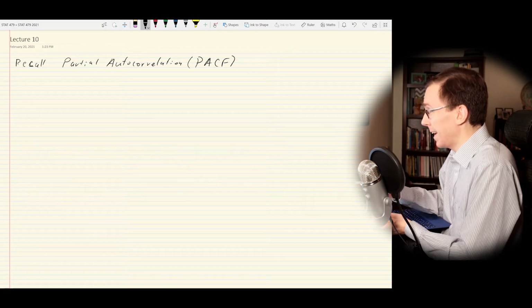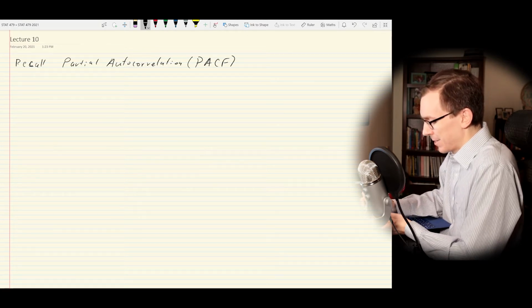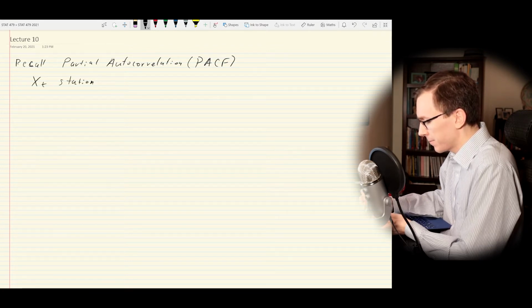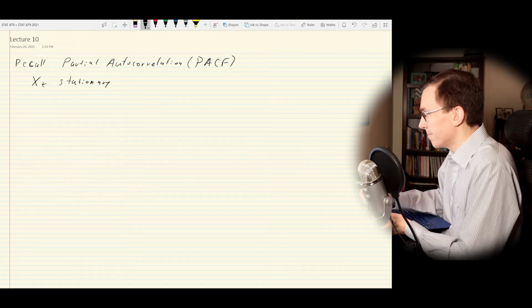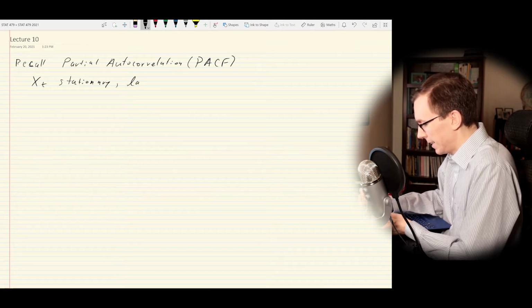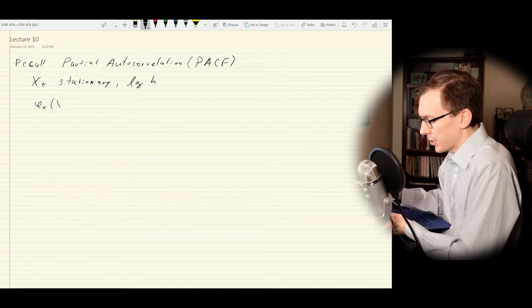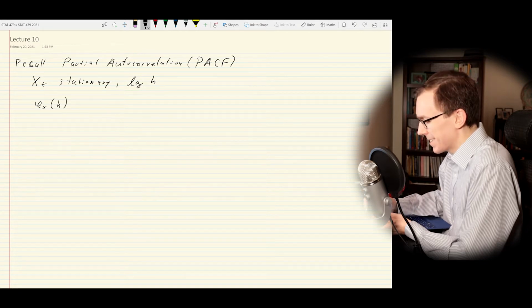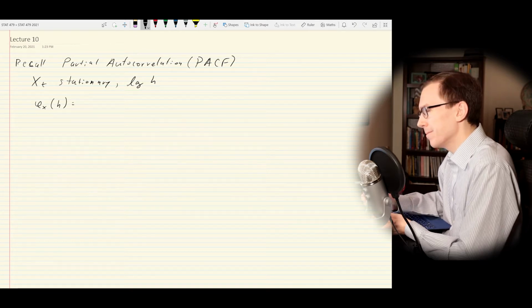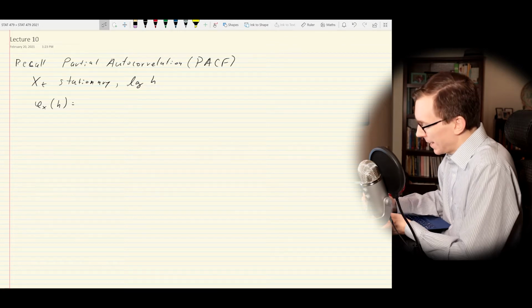The way we defined it last time is, for X_t a stationary time series and lag h, the partial autocorrelation function phi_X at lag h is just the autocorrelation itself when h is 1.